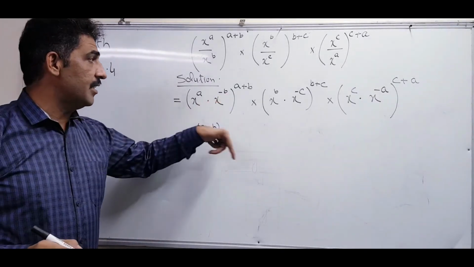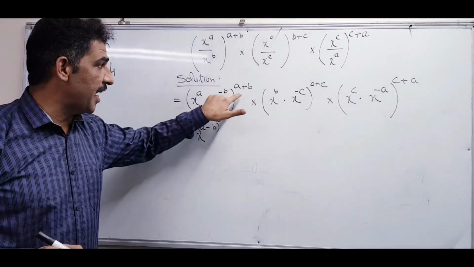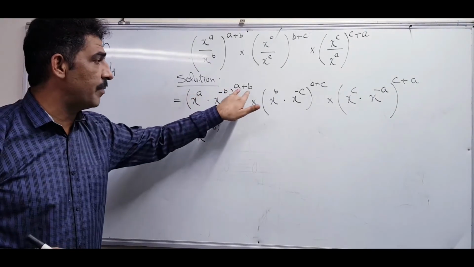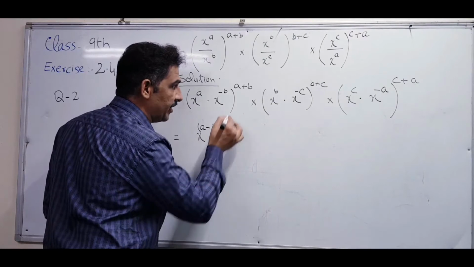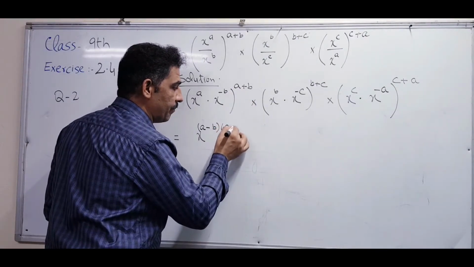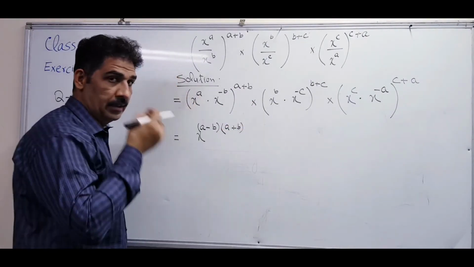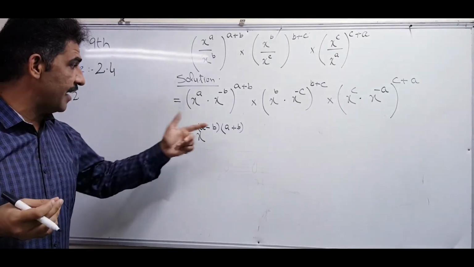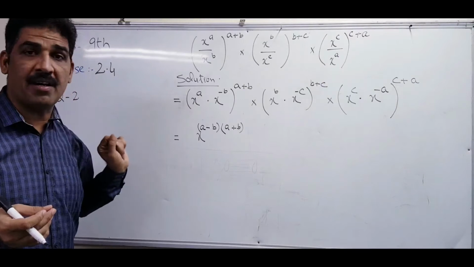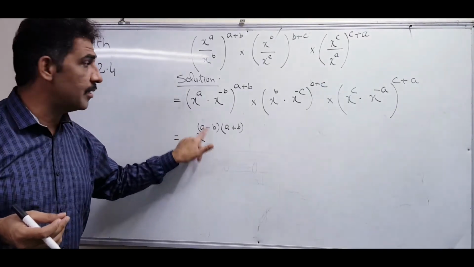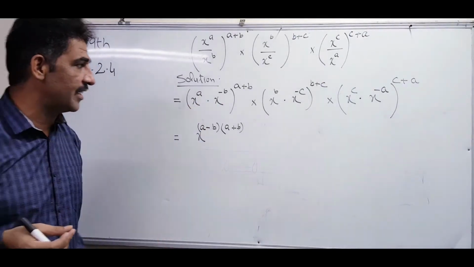And power multiplies with power. This bracket indicates that its power is multiplying by its power, so a plus b. I make two steps. First I combine that one: due to multiplication, add its power. Why did I write minus? Because plus minus minus, so you can write it directly.